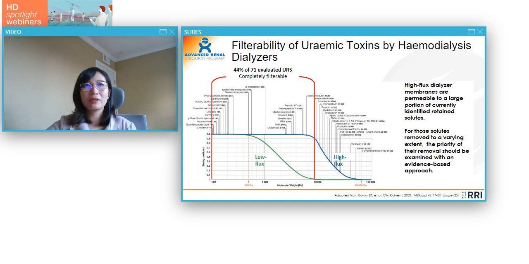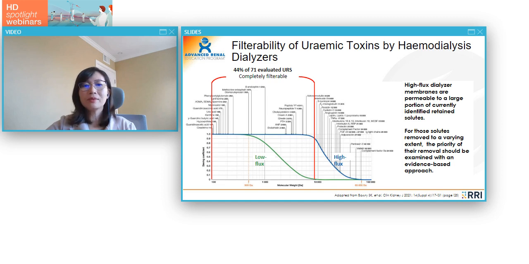As you can see, those listed close to the left-hand side in the red bracket are water-soluble toxins. They have a sieving coefficient equal to or close to 1 on high flux membrane, which is the blue line on this figure. And this portion of toxins composes almost half of the toxins that have been evaluated.